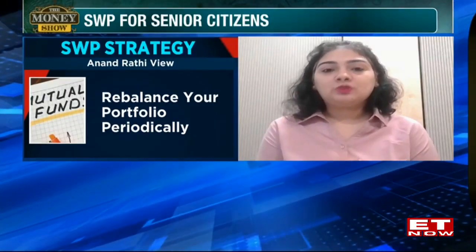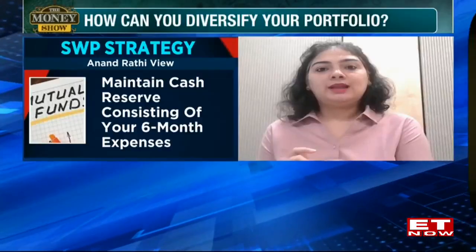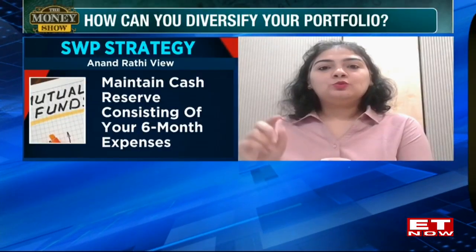From this, your withdrawal, like I said, is going to be at the rate of 4 to 5%. So while your portfolio in a particular year, let's say this 1 crore, has grown to generate 10 lakhs of return for you, you've withdrawn 5 lakhs of it. Next year, you're starting off with 1 crore 5 lakhs.